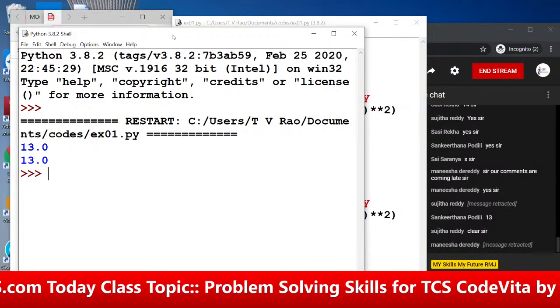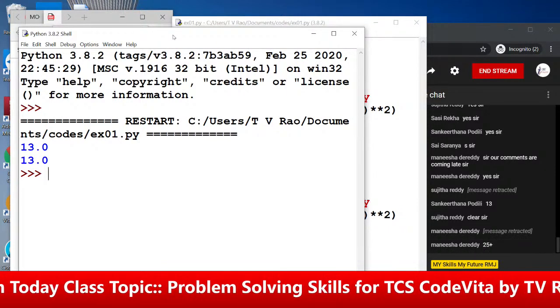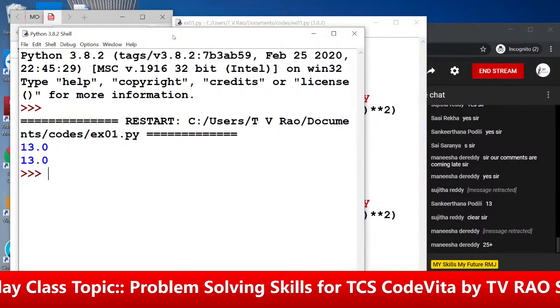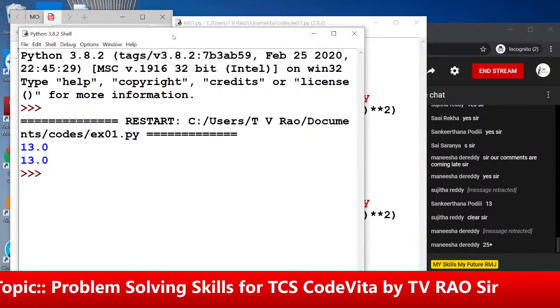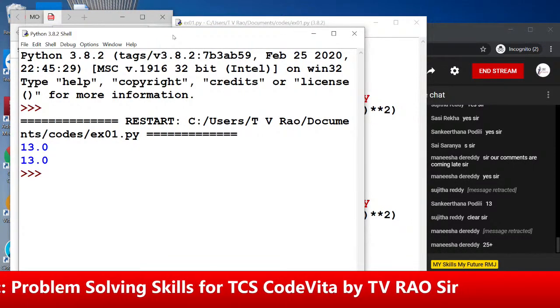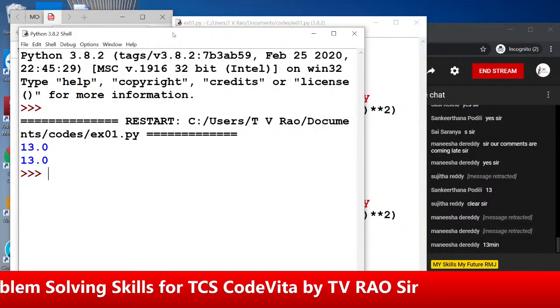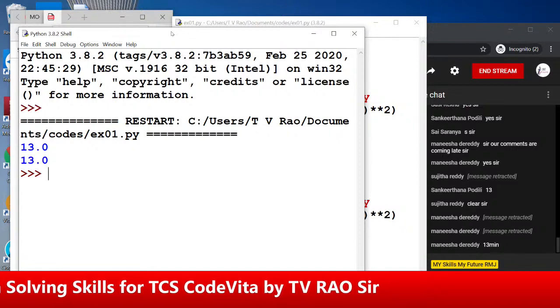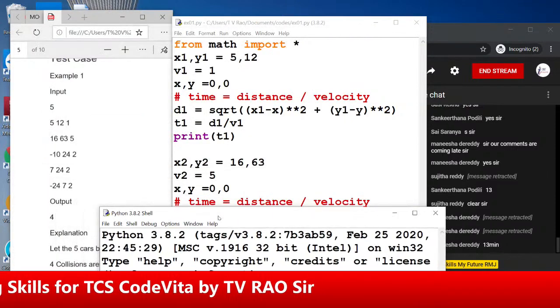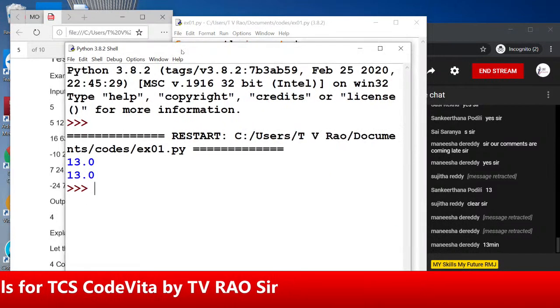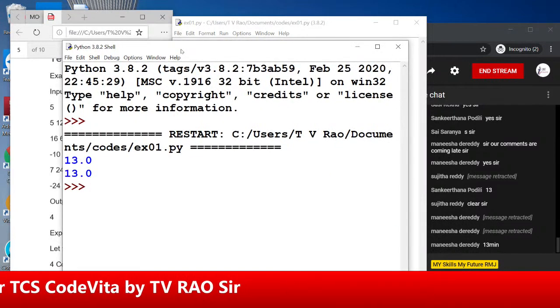Say both cars will reach at the same time. Okay, so they will collide.